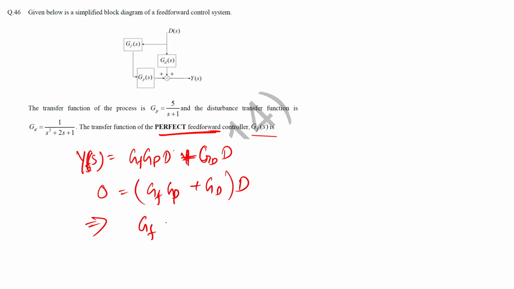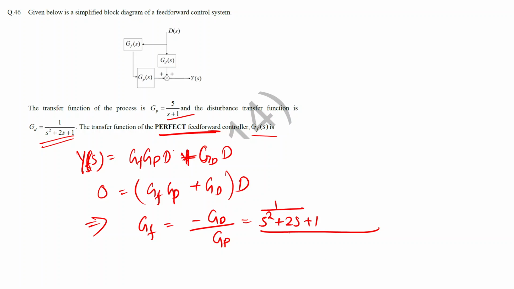This will be minus of Gd upon Gp. Now we can replace the individual transfer function values. The disturbance transfer function value Gd we have been given as 1 upon s square plus 2s plus 1, and for process, we have been given 5 upon s plus 1. Now this is s plus 1 whole square.